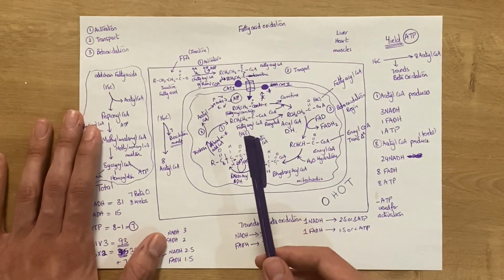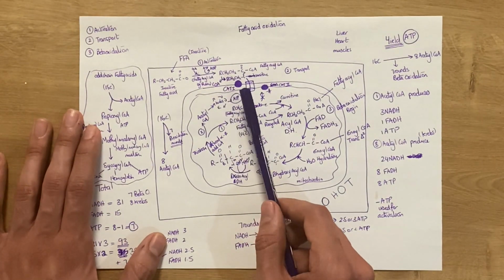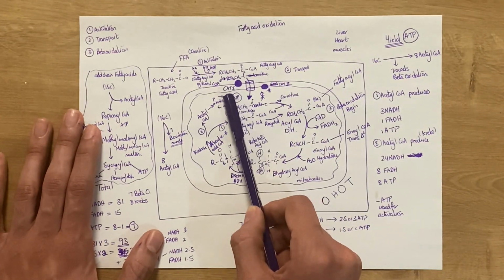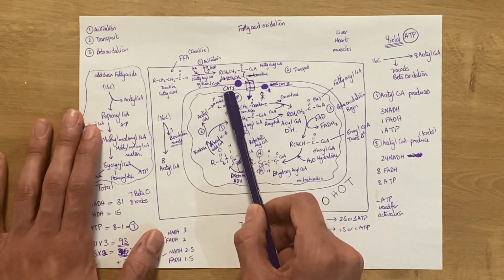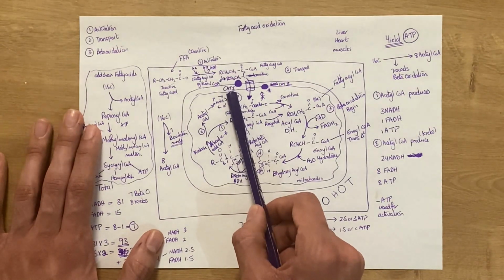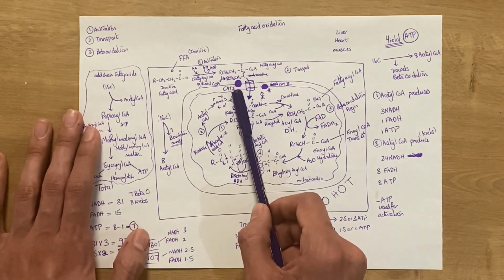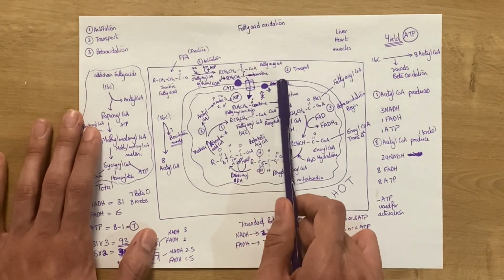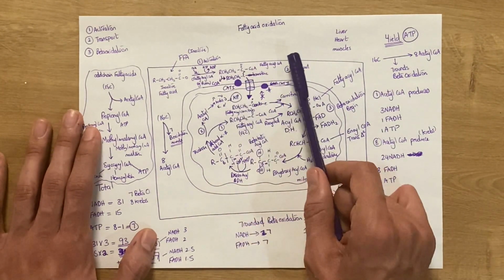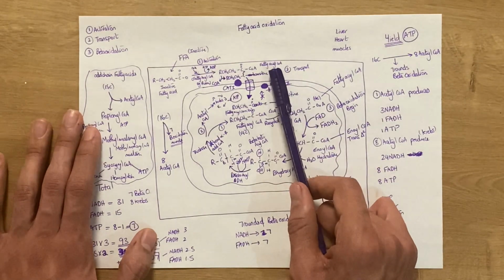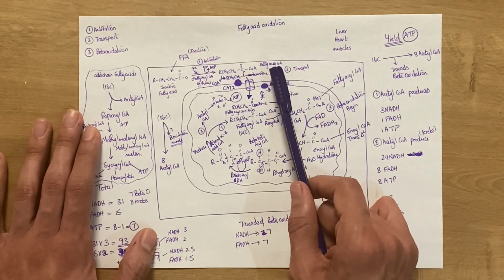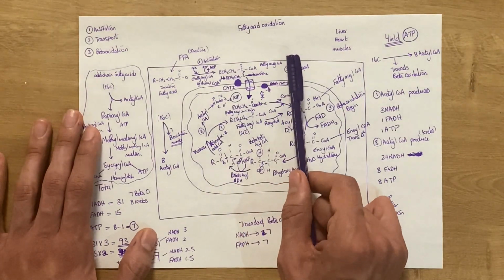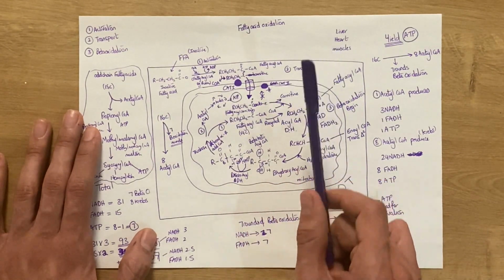And this takes place by an enzyme called CAT, the full form is carnitine acyl transferase number 1. This enzyme converts fatty acyl CoA into fatty acyl carnitine, and this involves the removal of the CoA molecule.